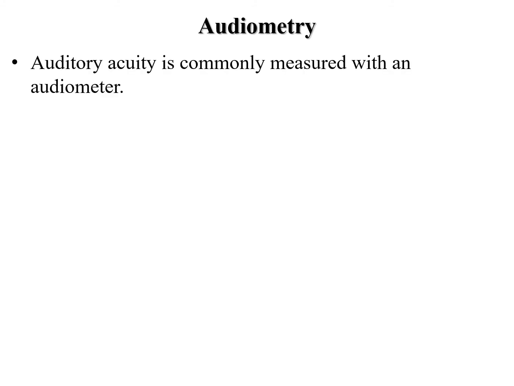Next, a few words about audiometry. At the outset, I would like to clear that audiometry as such is not a part of first prof syllabus. It is more in the desirable to know section. I won't be going into much details, just basic outlines of what it is. Auditory acuity is commonly measured with an audiometer.